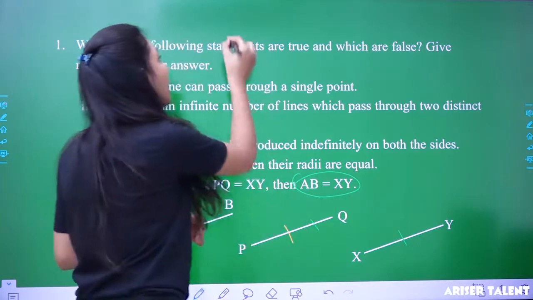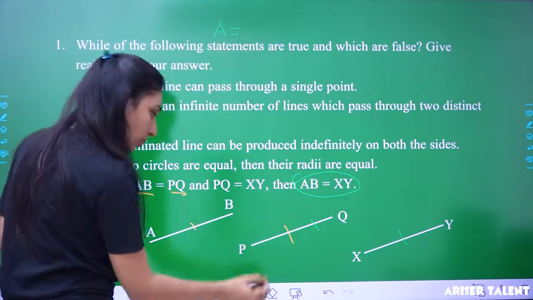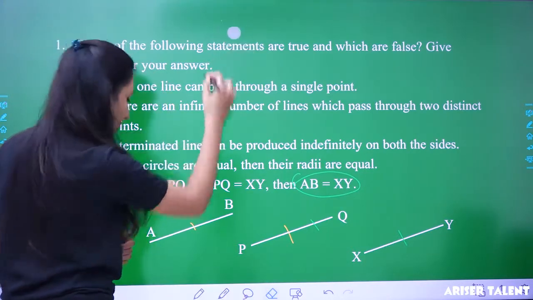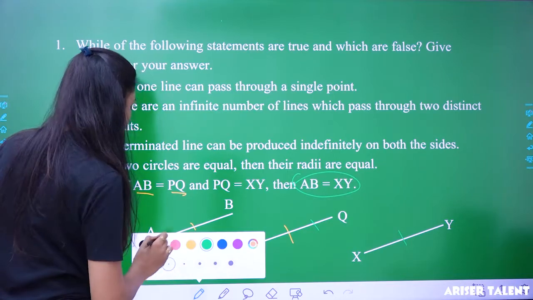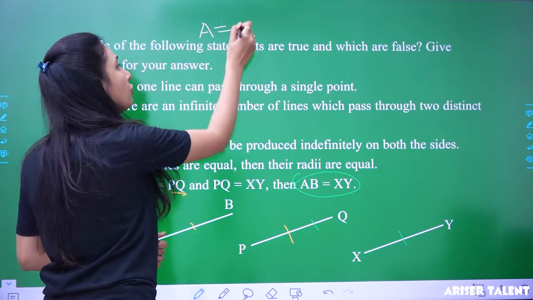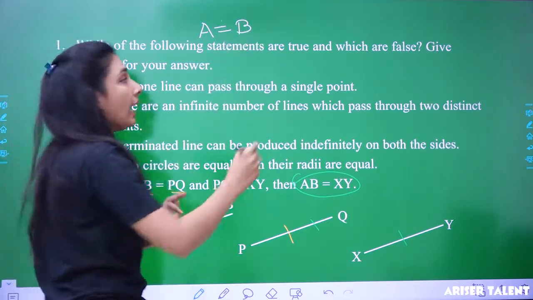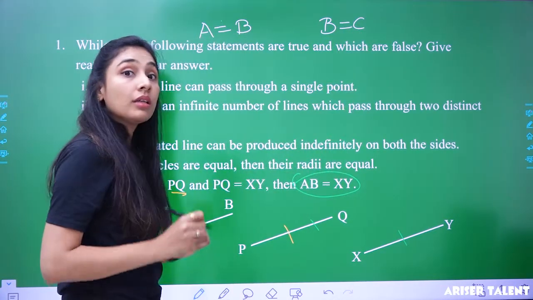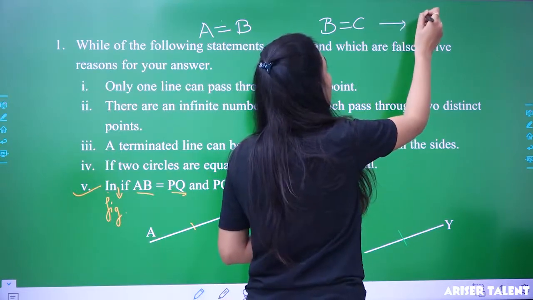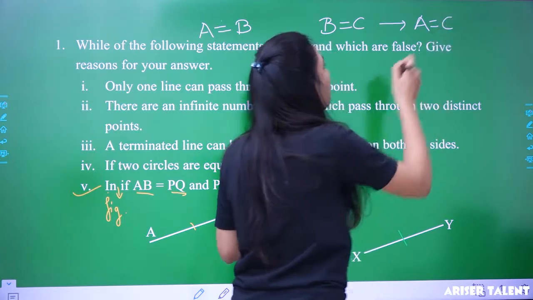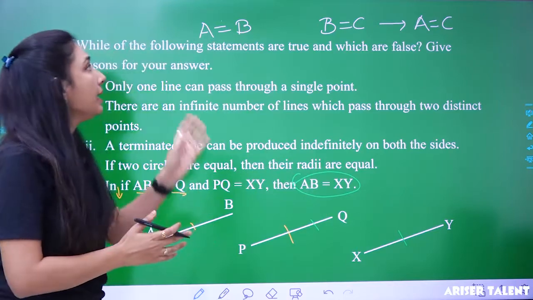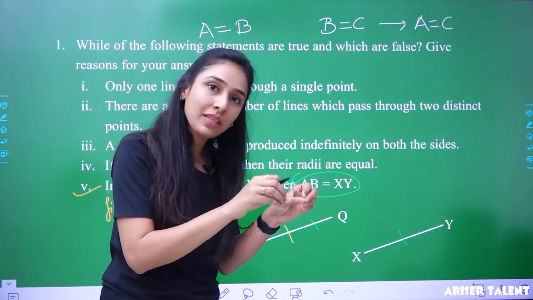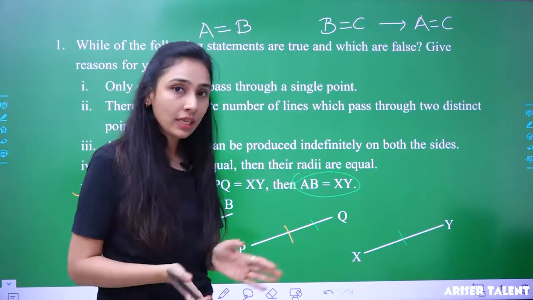According to Euclid, if A is equal to B, and B is equal to C, then he concluded that A is equal to C. In words, he said that if two things are equal to the same thing, then the two things will also be equal.